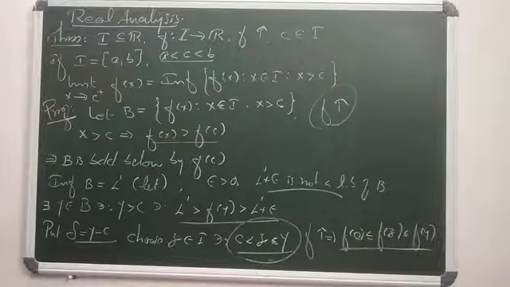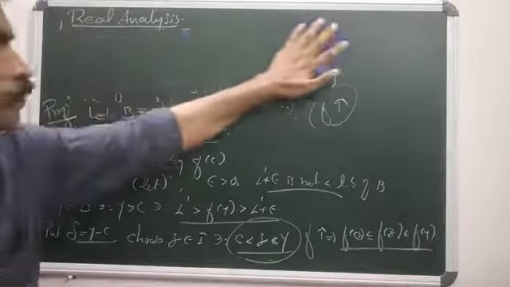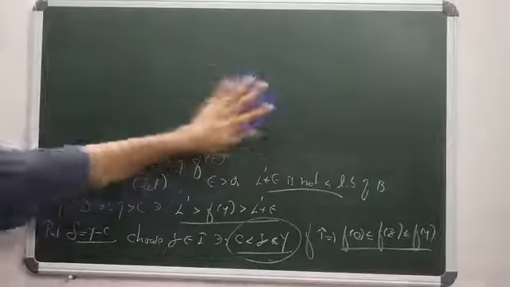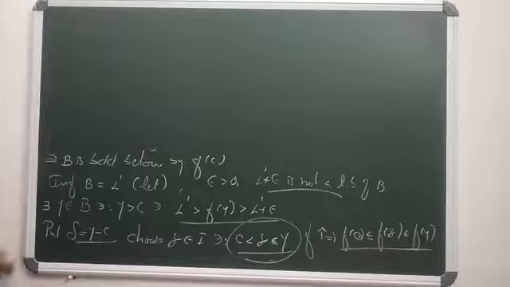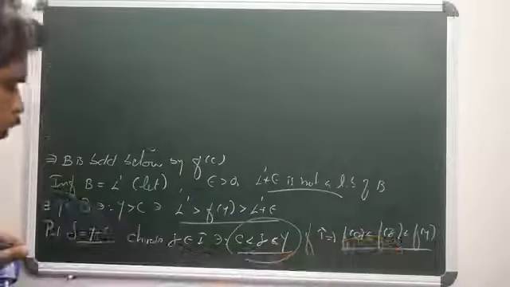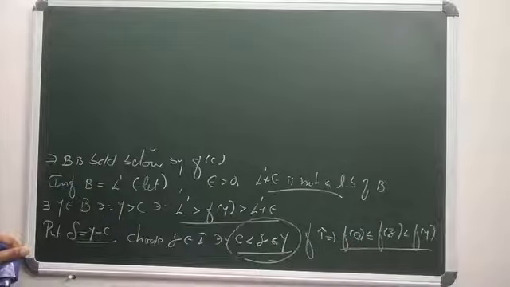Now, f of c is less than or equal to f of z is less than or equal to f of y, and f of y is greater than L dash plus epsilon.